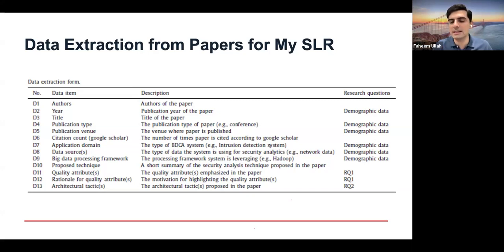And then on the right side, you can see that based on which item, I will answer which research question. This way the process is very organized. You extract data and you put it in an Excel sheet in the respective data item. And then later on, you can analyze it very easily when everything is in place.